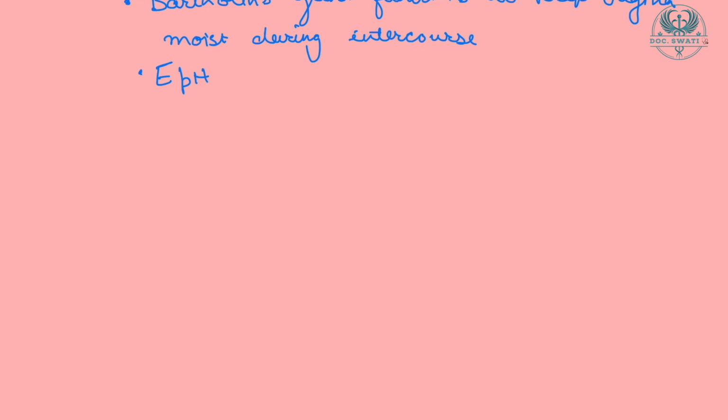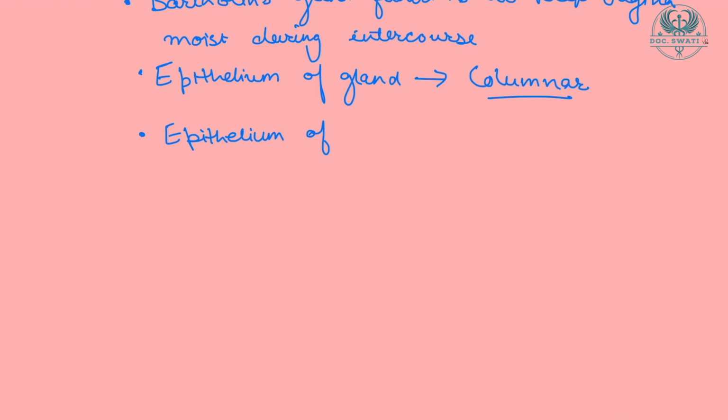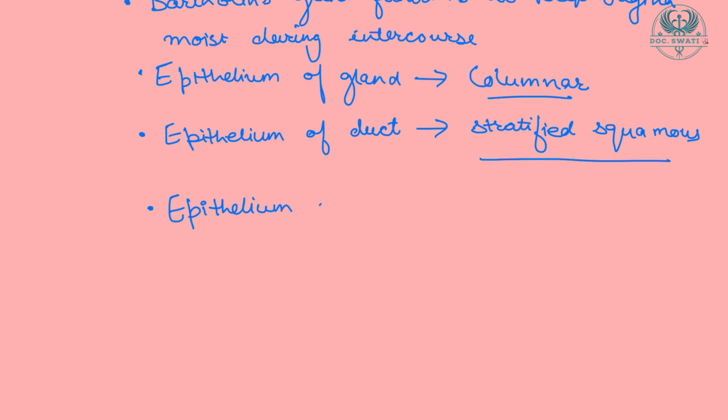The epithelium of the gland is columnar, whereas the epithelium of the duct is stratified squamous, and the epithelium of the terminal part of the duct is transitional.